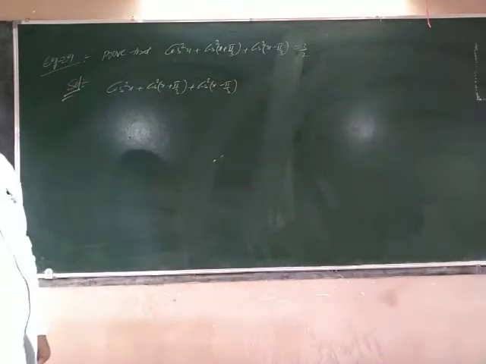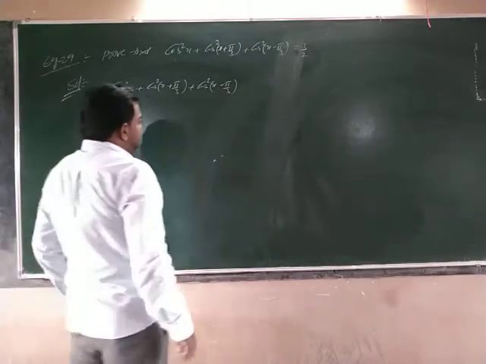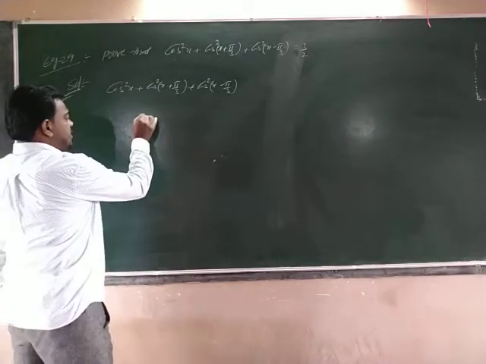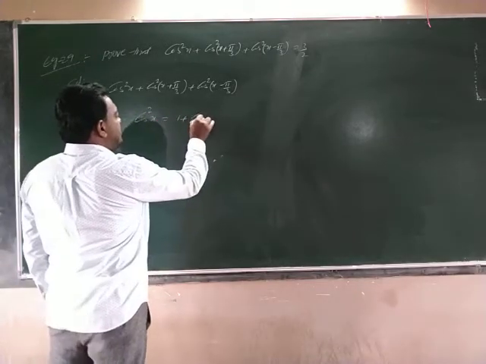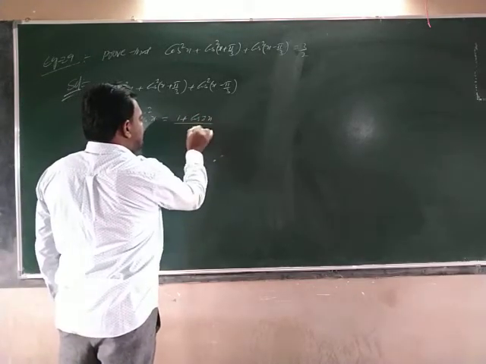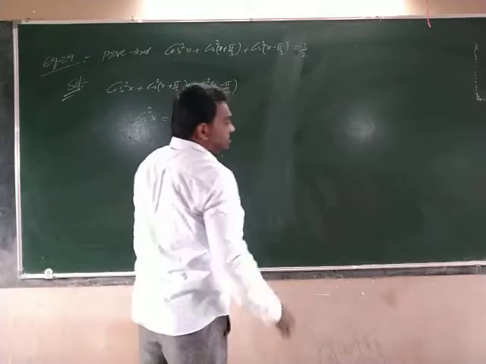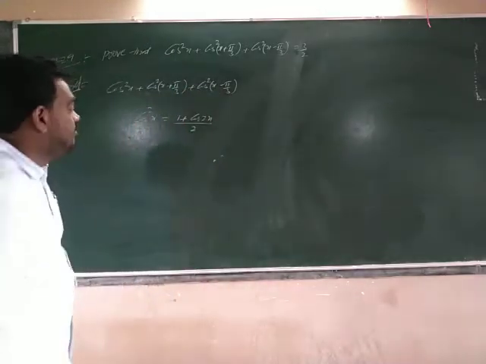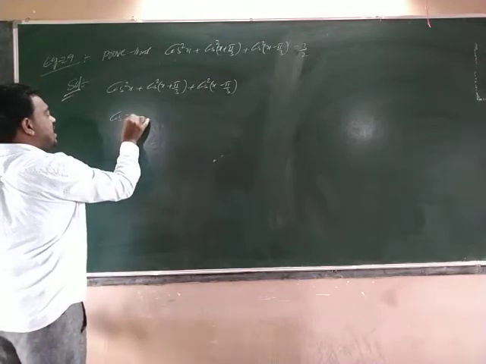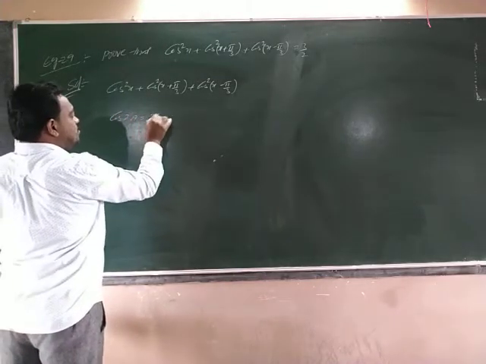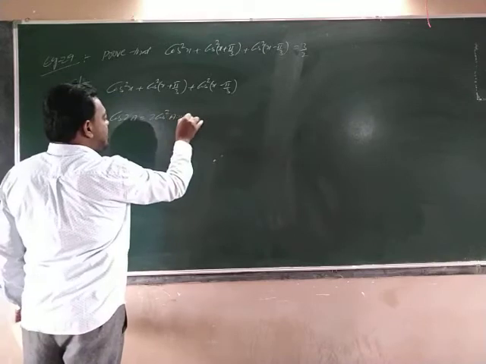Now, cos square x, we have the formula 1 plus cos 2x by 2. How do we see this? Otherwise, you do one thing. You write the cos 2a formula. Cos 2a is equal to 2 cos square a minus 1.